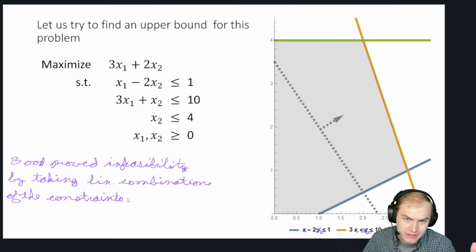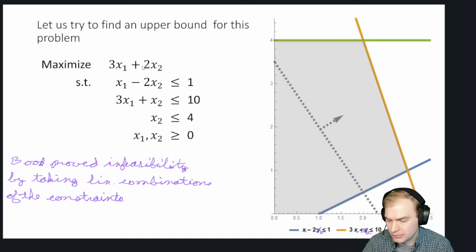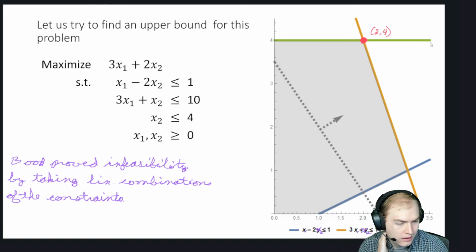But we can see graphically that since this is a maximization problem, the optimal solution is this extreme point, which happens to be (2, 4) and has an objective function value of 14.